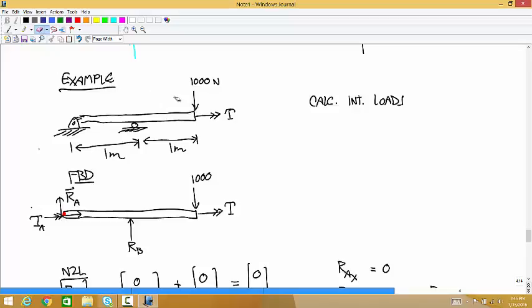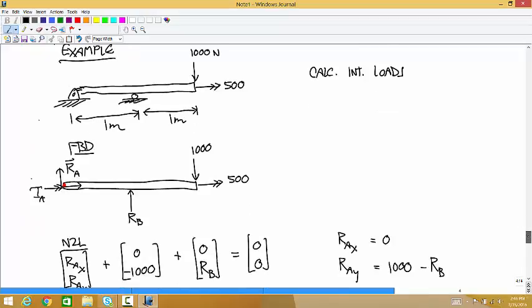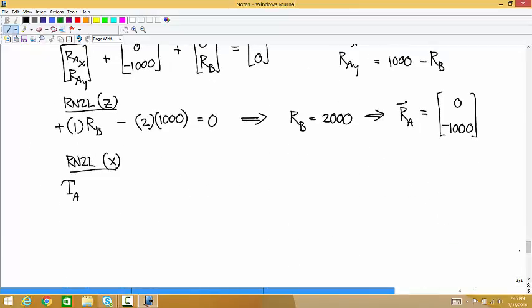So go back to the example up here where I wrote T. I'm not sure what was going through my head there, but that needs to be, let's make that 500. Okay, so TA plus 500 is equal to 0. And so TA is equal to negative 500.